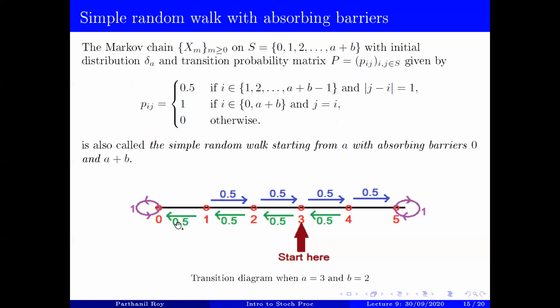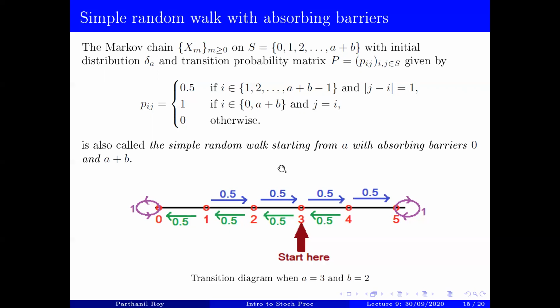This has another name. It's called a simple random walk starting from A. And of course, it's on Z. I'm not mentioning it, because if you don't mention anything, simple random walk just means simple random walk on Z, starting from A with absorbing barriers 0 and A plus B. In other words, it's the same transition probability. We are just performing simple random walk, except that the moment we hit either 0 or A plus B, we get absorbed and we stay put.